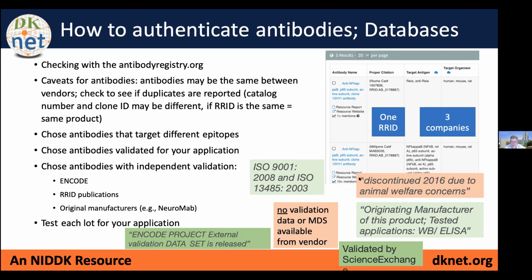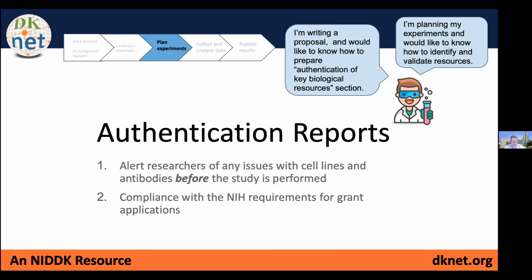But you also have information about antibodies that were discontinued, what the manufacturer provided, and applications it was tested against. So, there's additional information that we're pulling in around antibodies.